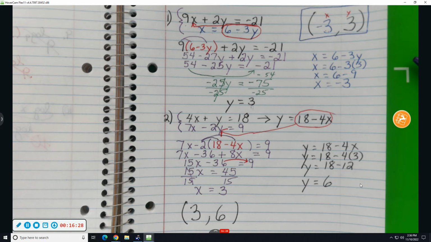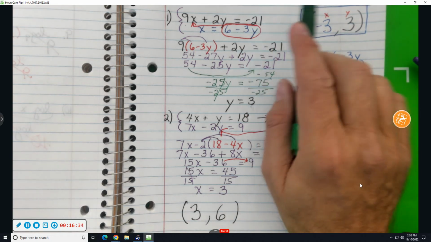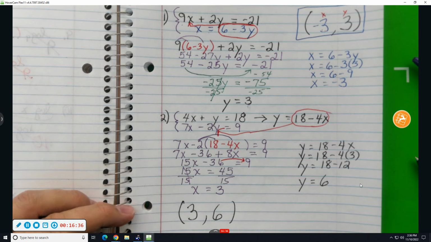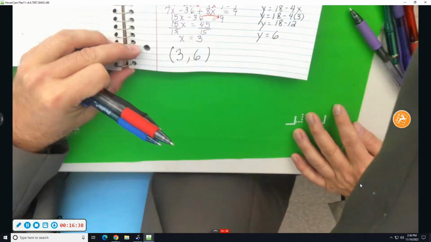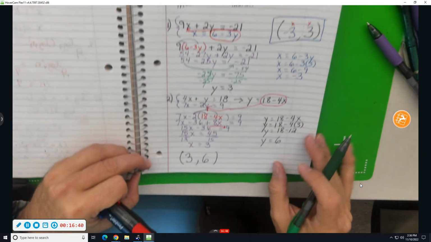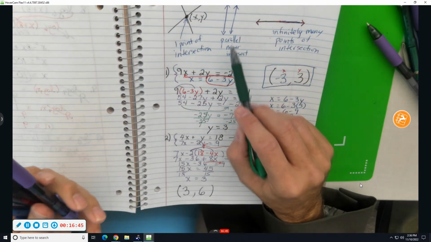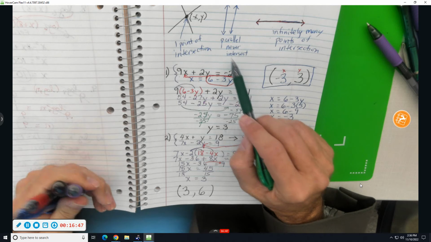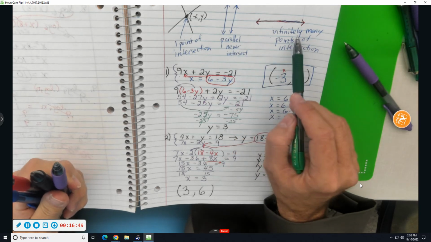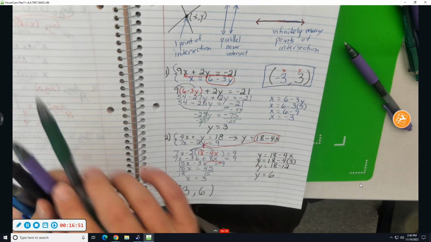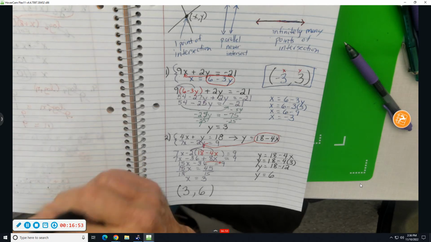Now, I want to go back for a moment and mention something. We said that there's two cases that aren't very interesting: the parallel and the infinitely many. They don't occur that often. Here's how you can tell when that happens.